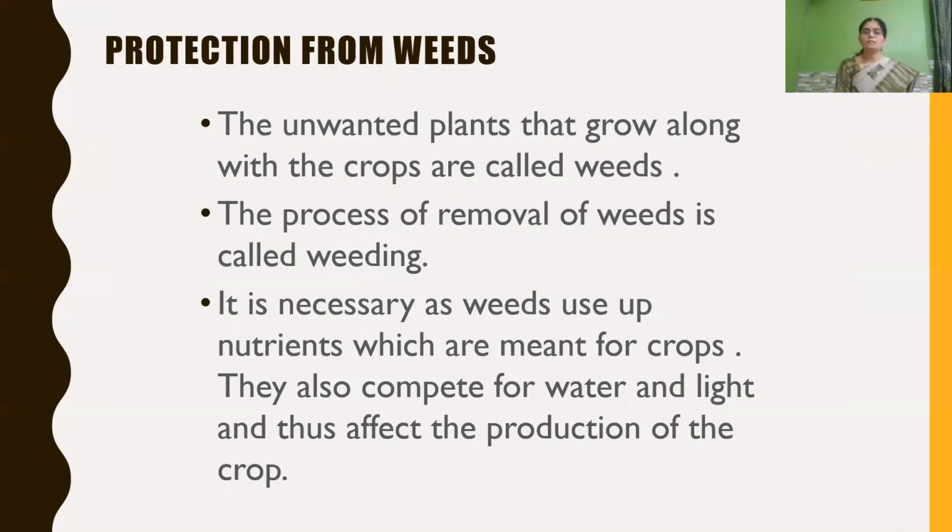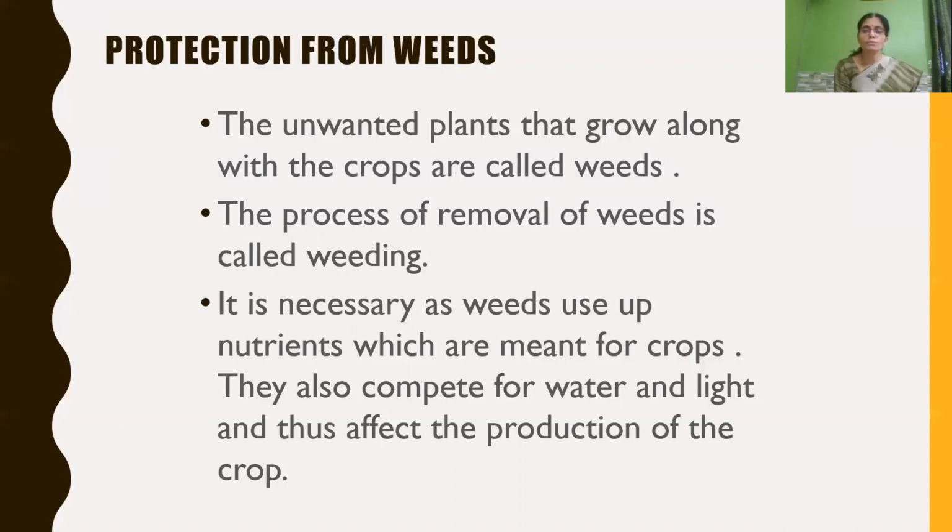And the next step, we will be discussing weeds, protection from weeds. What are weeds? The unwanted plants that grow along with the crops are called weeds. And the process of removal of weeds is called weeding. Weeding is very, very important, as we have learned.